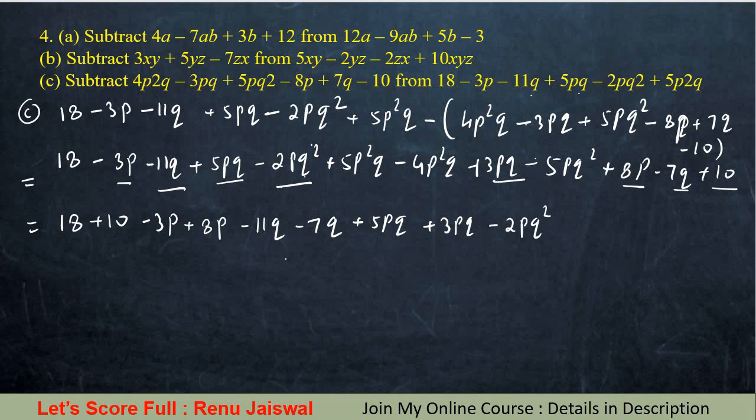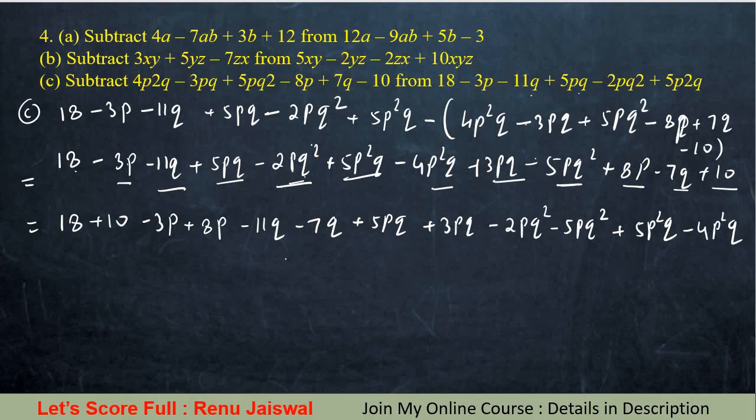I can't take this. This is p square and q. Here p has single power, q has double power. So I need to take only that much. pq square, which is here, minus 5pq square. Then 5p square q. And then this one, minus 4p square q.